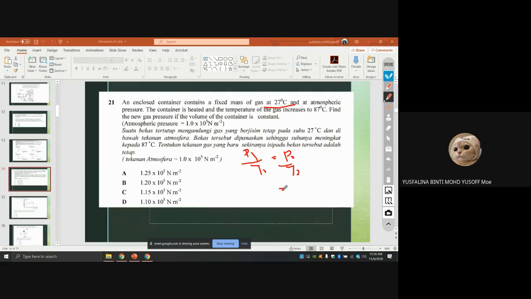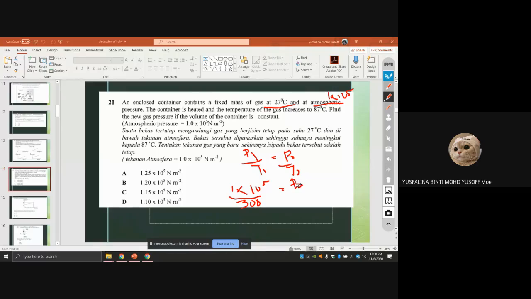Okay, so P1 is atmospheric pressure, because it says atmospheric pressure. So you just substitute 1 times 10 to the power of 5. Then T1 you have to change to Kelvin, so 273 plus 27 is 300. P2 you need to find.